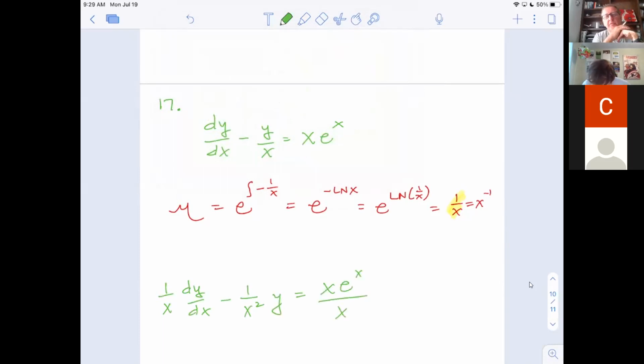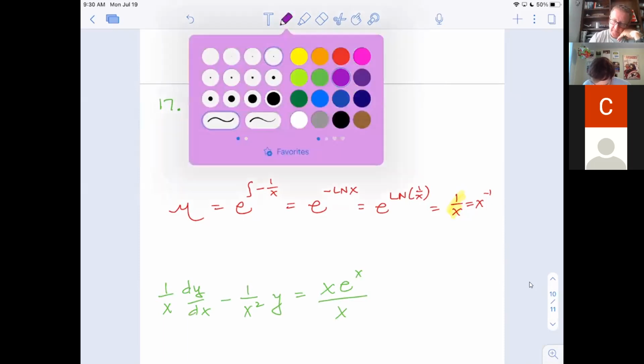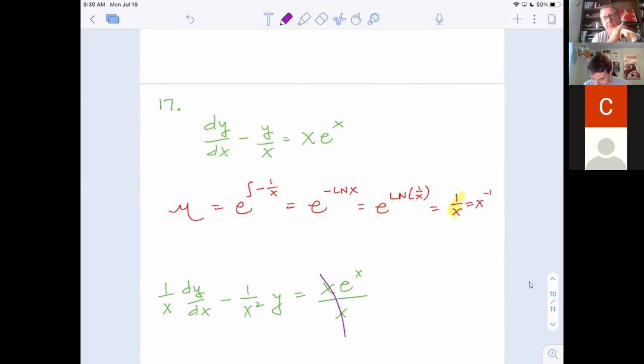Ooh, do you notice something wonderful just happened on the right side? It's just left with e to the x. Can you see that somebody worked really hard here to make this problem nice? You can't just stick anything on the other side you want. We got really lucky here because if this is true, then the integral of that right side, which we're going to have to take, is going to be a piece of cake.